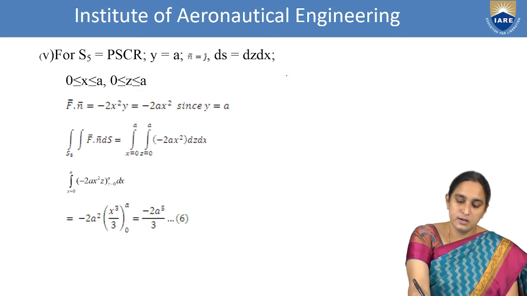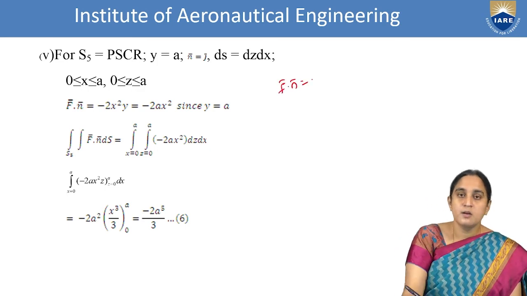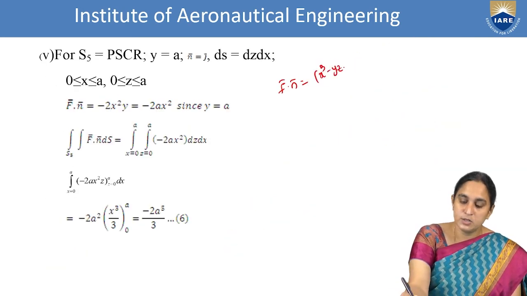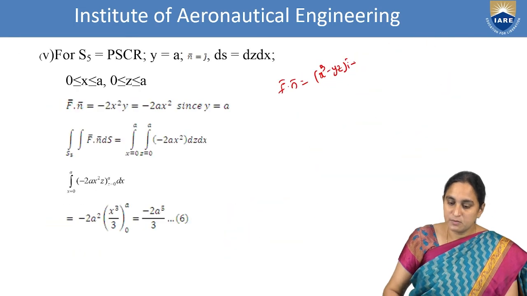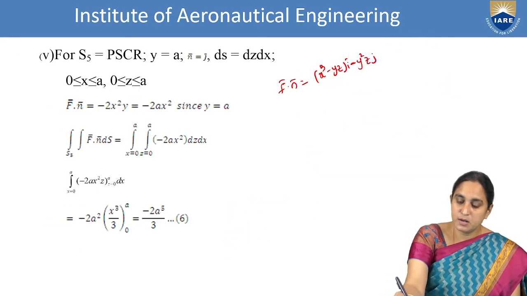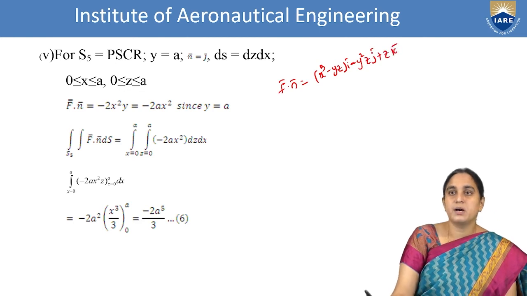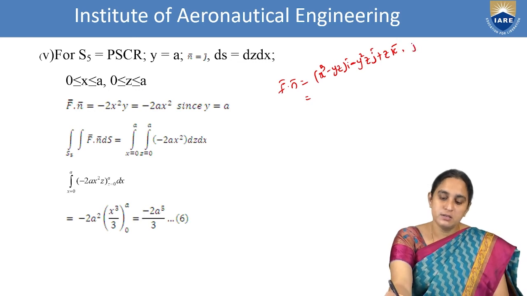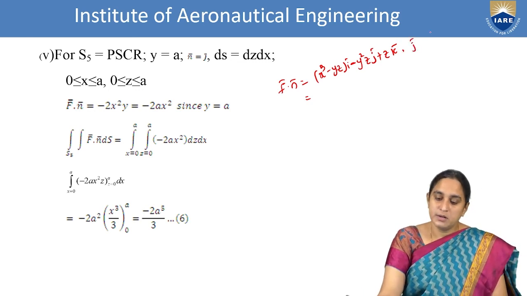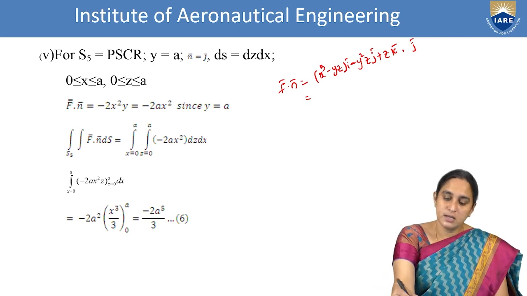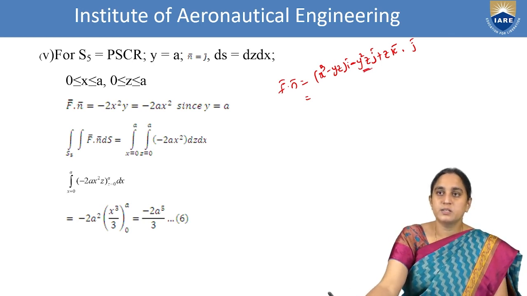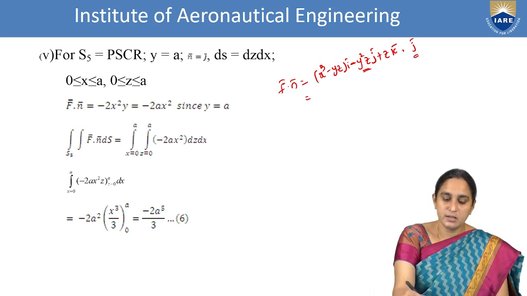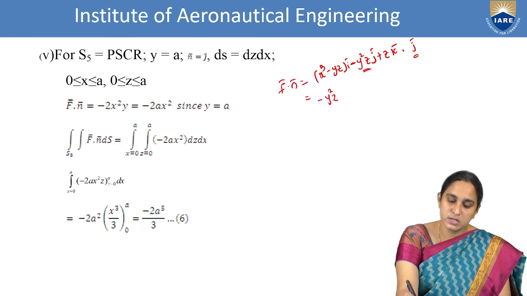Then okay, again take f bar dot n bar here. What is f bar? From the question x cube minus yz into I bar minus y square z into j bar plus z into k bar. From that dot, what is n bar here? J bar. Okay, then multiply both the matrices, that is here j bar coefficient as minus y square z and here j bar coefficient as 1. Okay, from that here minus y square z into 1.